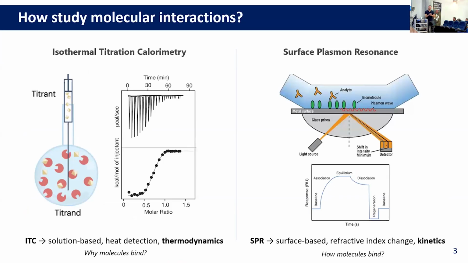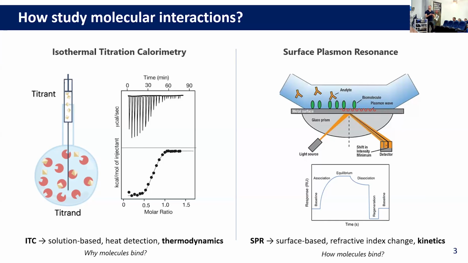So in this seminar, since we're talking today about techniques, I'm not going to talk about molecular interactions itself, but we're going to talk about two different techniques in order to quantify these molecular interactions. The first one will be isothermal titration calorimetry, or ITC, which is a solution-based detection that gives you the thermodynamics, or in simple words, why these molecules bind.